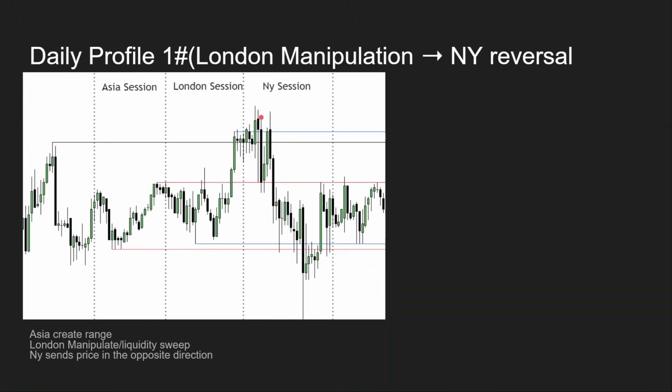It does a liquidity sweep, because we can see it starts to reverse here. Because we have a London manipulation over this high, we then go into New York session, and we can see New York reversing. So here we will look for hopefully a bearish setup inside of New York session.